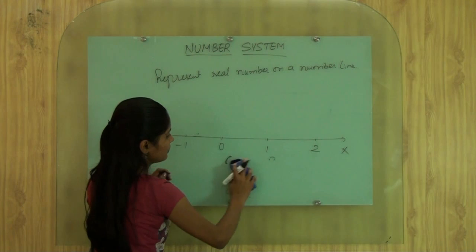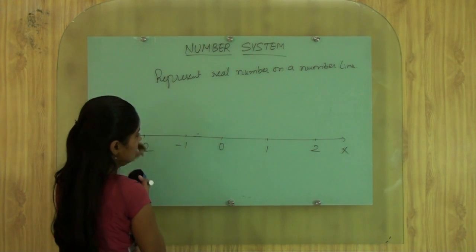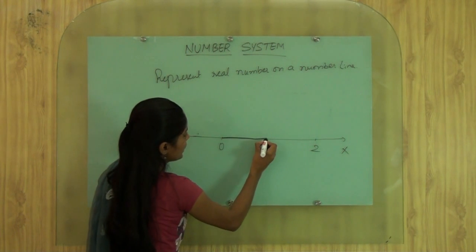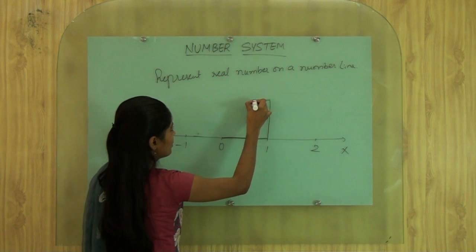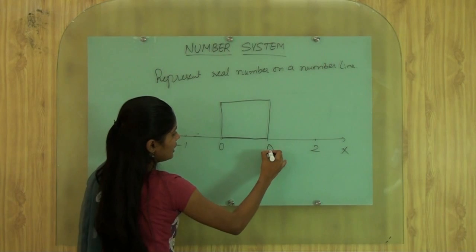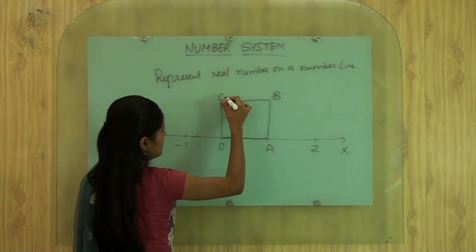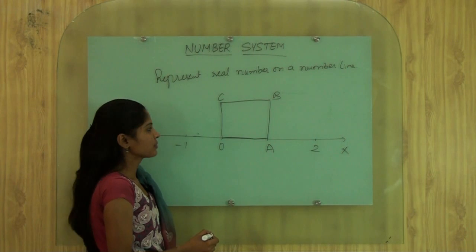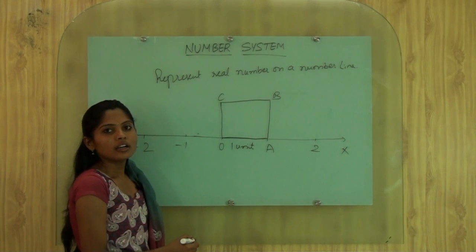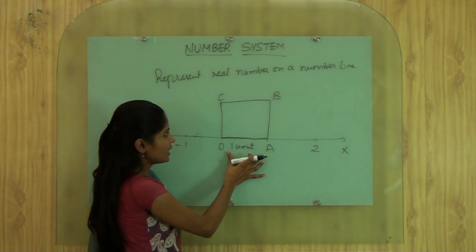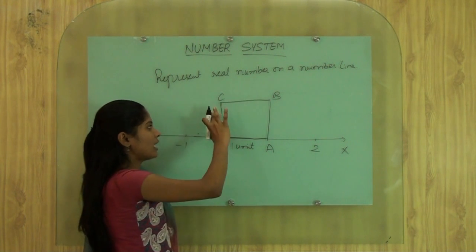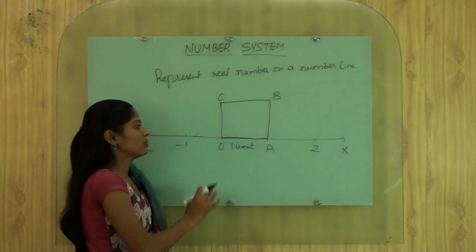Let's place the square OABC on the number line. Here we know that OA is 1 unit, AB is 1 unit, so CB and CO are also 1 unit.